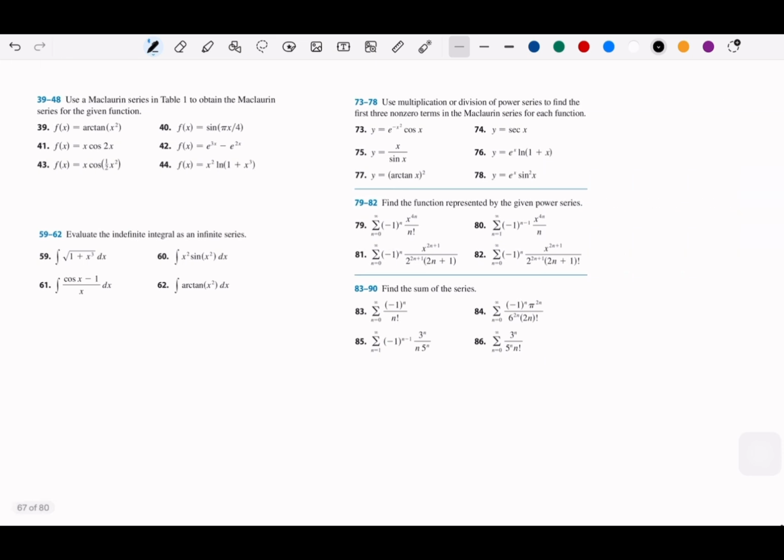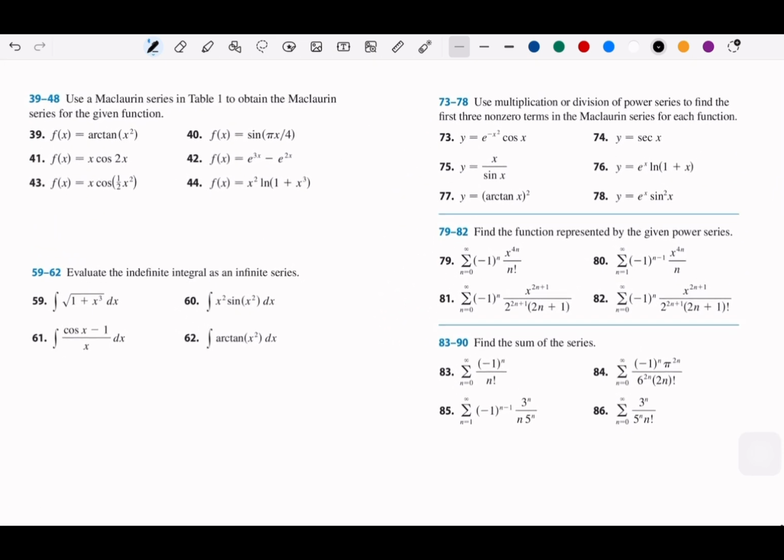I have put here some from chapter 11, the Taylor and Maclaurin series. Let me explain what kind of question we expect. The first one is actually using the reference, and then you can exchange as we did in the example. The second part is integration.